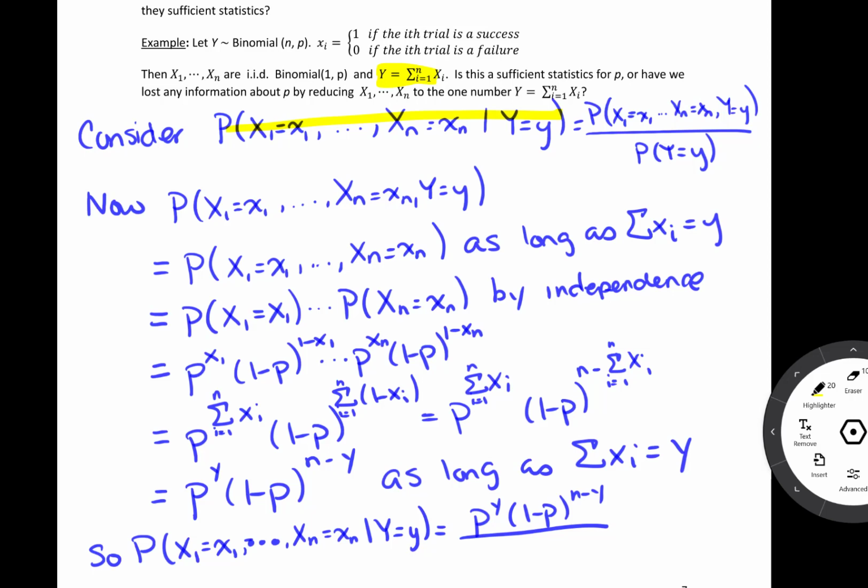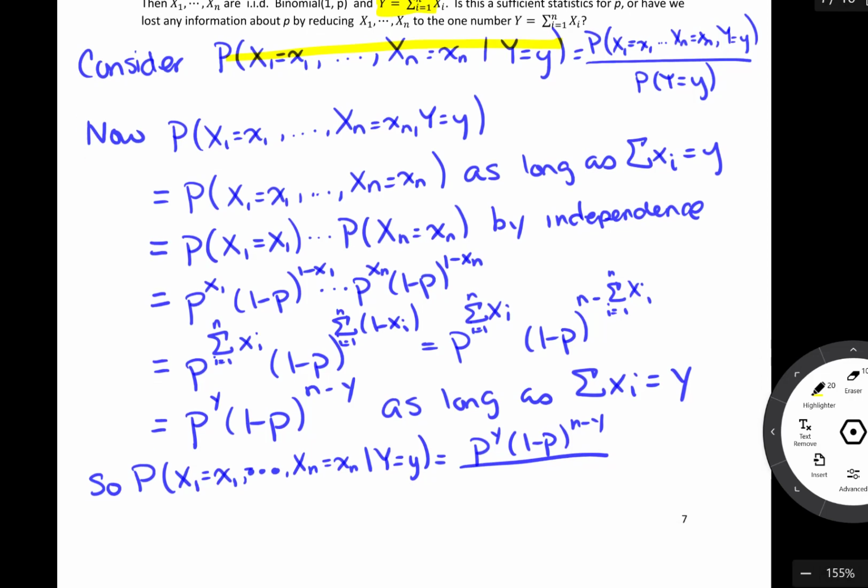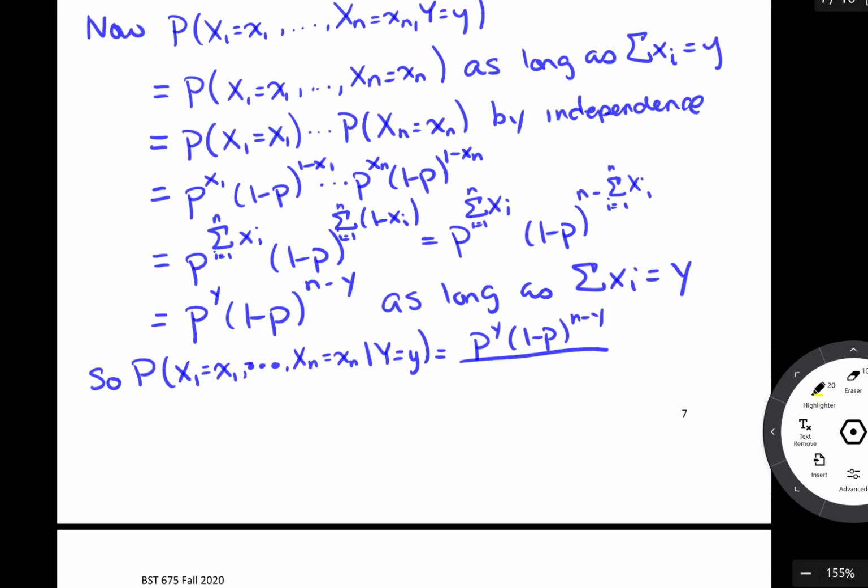Well, we know that Y is distributed binomial in p, so we could just write it out using the PMF. So we have n choose y, p to the y, 1 minus p to the n minus y. And notice this is equal to n choose y to the minus 1 as long as the sum of the xi is equal to y. So the important part, what this tells us, is the following.